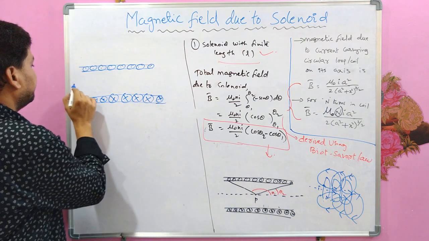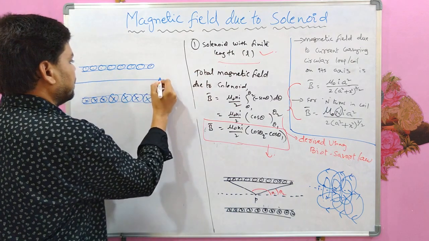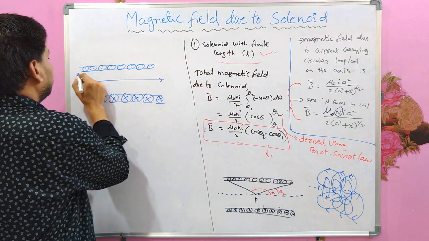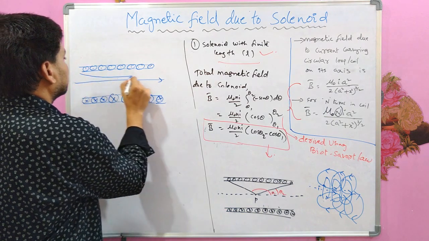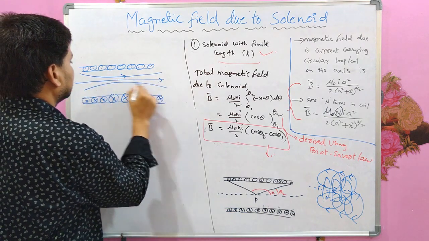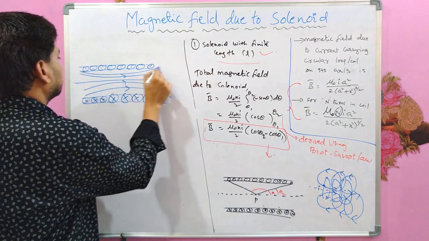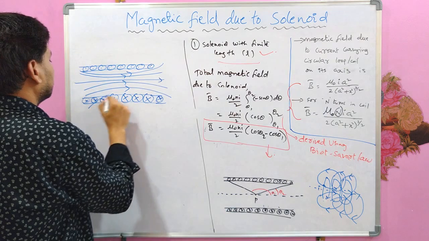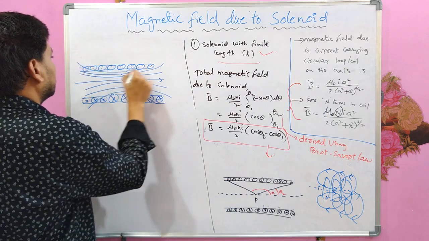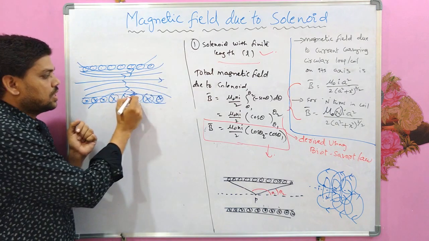And the magnetic field will be like this for this particular direction. The field lines, you can say, in this way. They are coming out.